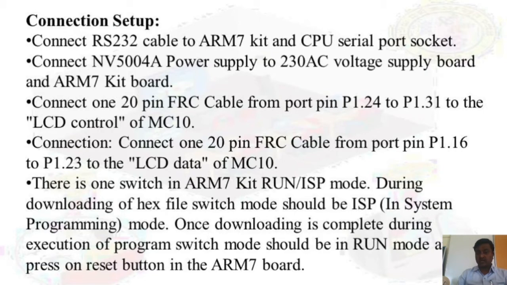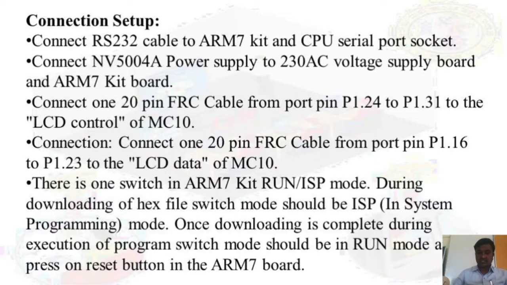Connect a 20 pin FRC cable from port pins P1.24 to P1.31 to the LCD control of the MC10 display and switch module, as I explained in the previous figure. Second connection: connect another 20 pin FRC cable from port pins P1.16 to P1.23 to the LCD data of the MC10 display and switches module.